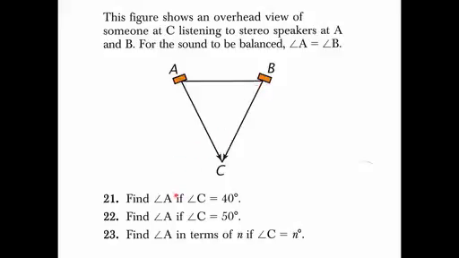And again, find A if C is 40. So now we've got 40 degrees up here, and these 2 angles are equal. And we're told that this one's 40. Then we're told that it's 50 on number 22. Then they want you to do it in terms of N. Let's say this is N. What would the measure of angle A be in that case?